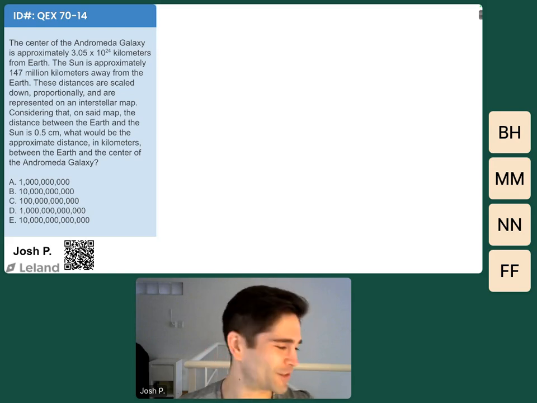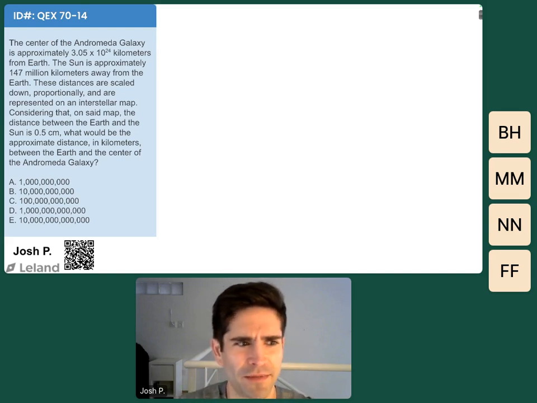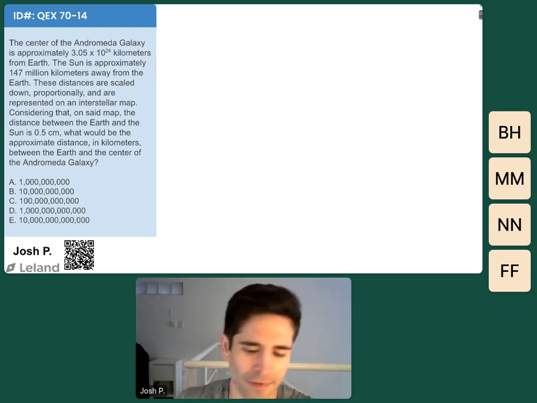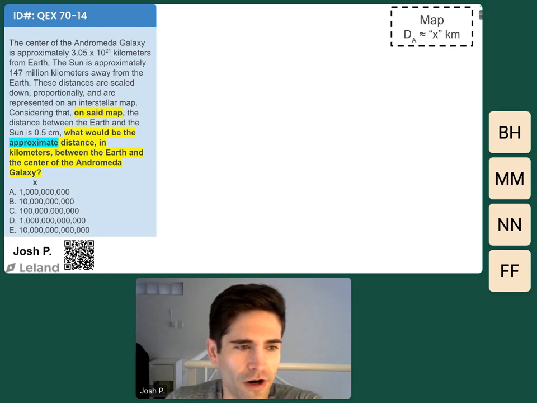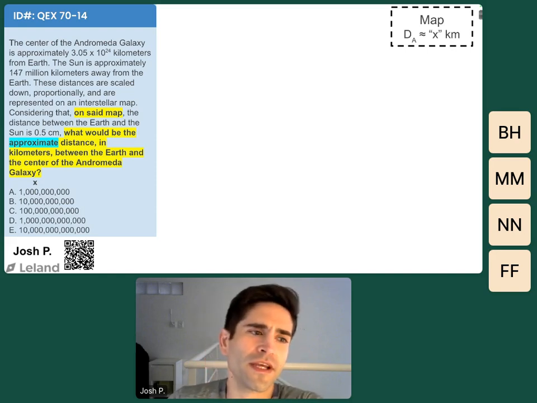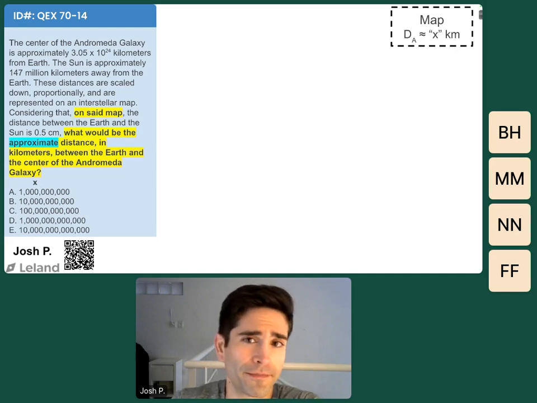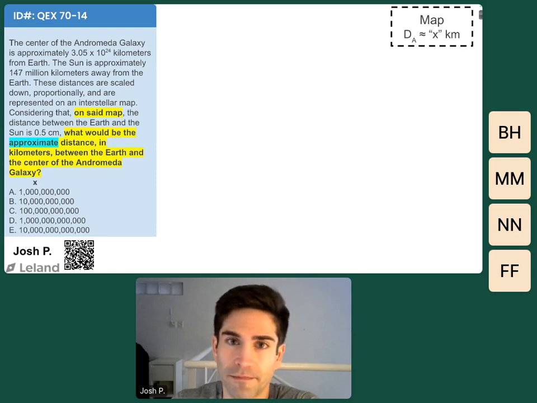Okay, right, so let's try to do this together. Definitely a lot of stuff going on, a lot of big numbers. So of course, we're going to make our lives as easy as possible. Our goal is to find the approximate distance to Andromeda on the map with the scale that we're given, that we have to calculate.